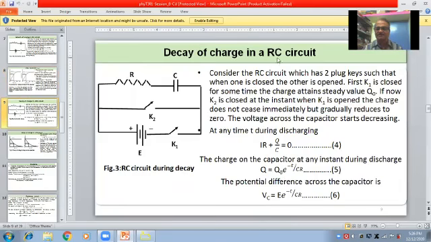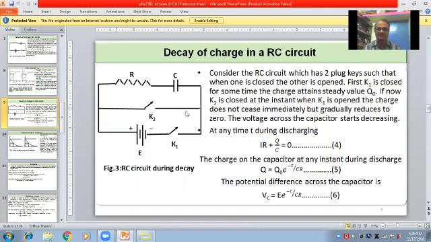And next, decay of charge in an RC circuit. So here you can see in this circuit, the same circuit is there, with one more key given here. And these two keys K1 and K2 operate alternatively. That means when K1 is closed, K2 will be open.